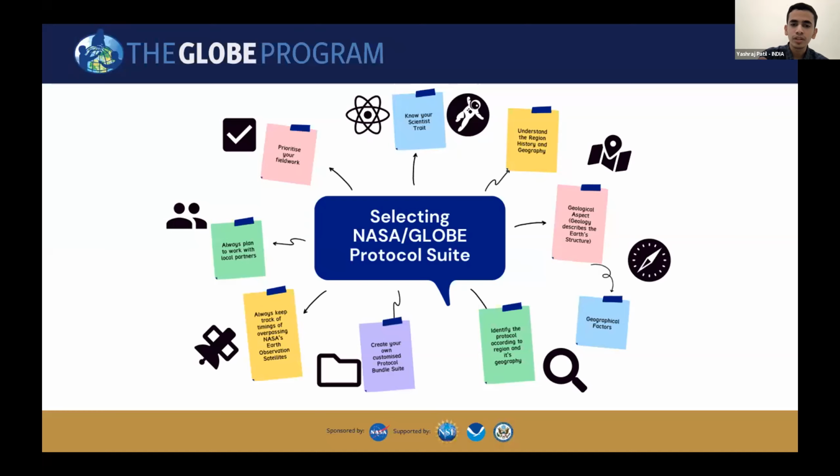I saw that it varies over such a short distance, from snow to a whole sort of green vegetation. So we must identify the region, and this is much more important in selecting the GLOBE protocol suite, and also the geological aspects along with some geographical factors. Combining all those things, you will be able to identify the perfect GLOBE protocol for that particular region.